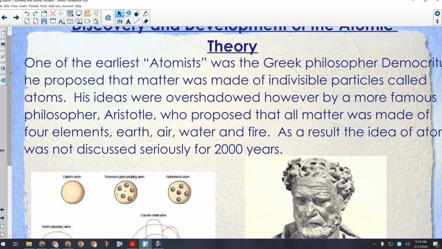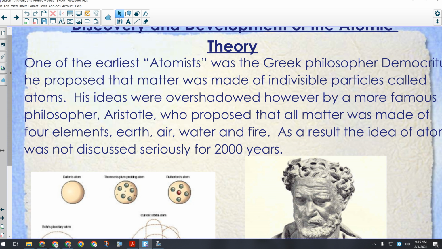What four things? What were the four elements for the Greeks? Earth, air, water, fire. Earth, air, water, and fire. Like that new Pixar movie, Elemental. Those are the four elements that they believed everything was made up of.